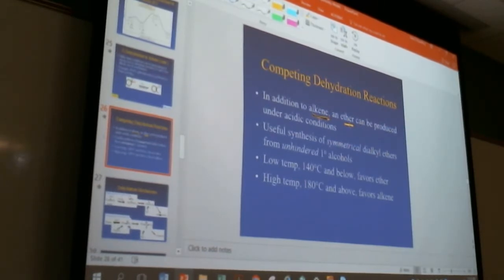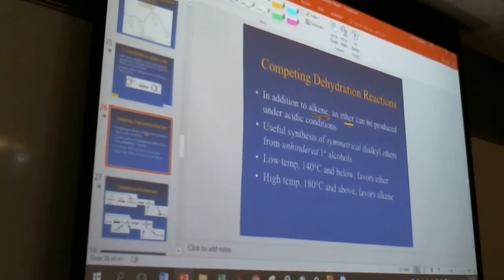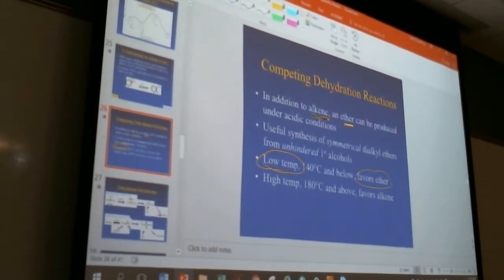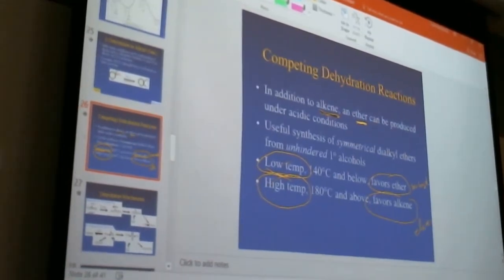One because of substitution, one because of elimination. In general, low temperatures favor the ether, which is your substitution product. In general, high temperatures favor elimination. But usually both of them happen. But you can try to favor elimination by heating to much higher temperatures.